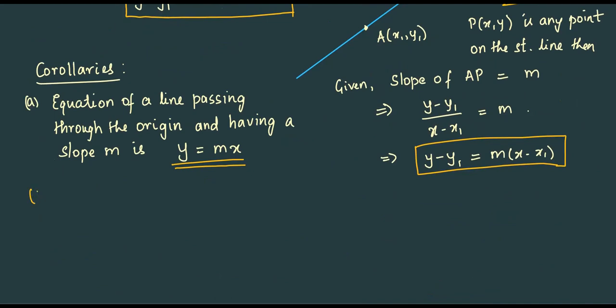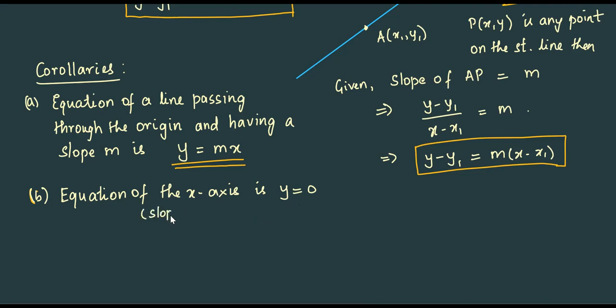Now next. Now equation of the x-axis. Now x-axis will have slope as 0. So m equal to 0. So we get y equal to 0. Throughout the x-axis, we can say the y coordinate is 0 throughout. So equation of the x-axis is y equal to 0.